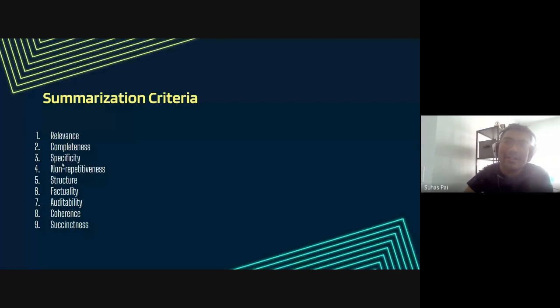It shouldn't unnecessarily go into details. And then finally, length. You should try to have a lot of information density. These are all slightly connected to each other, but I can explain how each of them differ from each other if anyone needs.